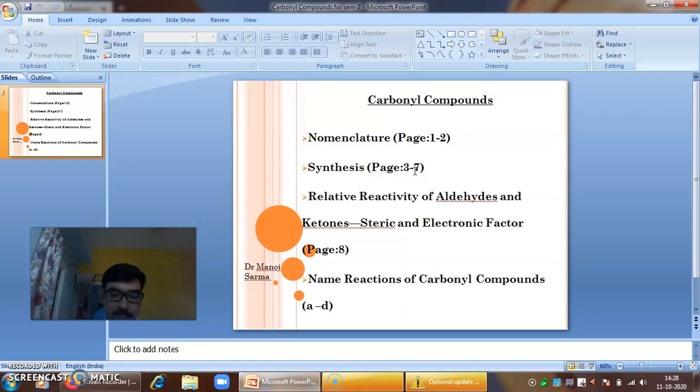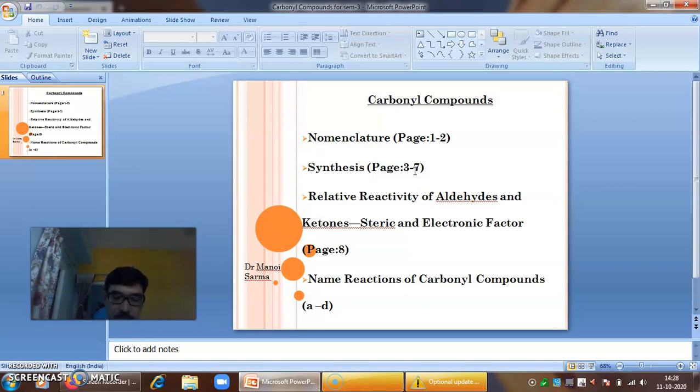Again, by distillation of calcium salt of acid, we have seen that aldehydes are also prepared. You know that sodium salt, potassium salt, calcium salt: sodium and potassium are monovalent.